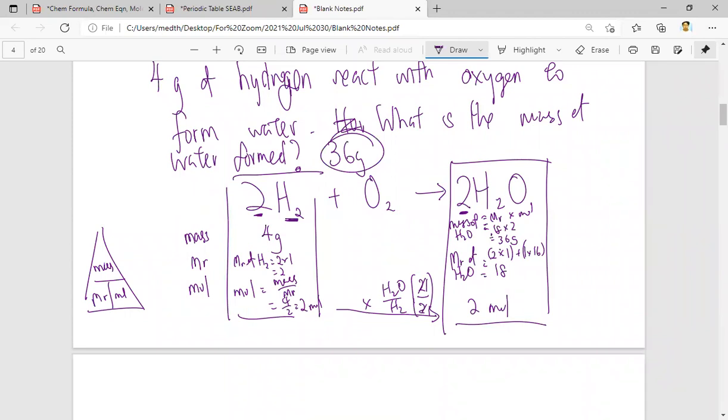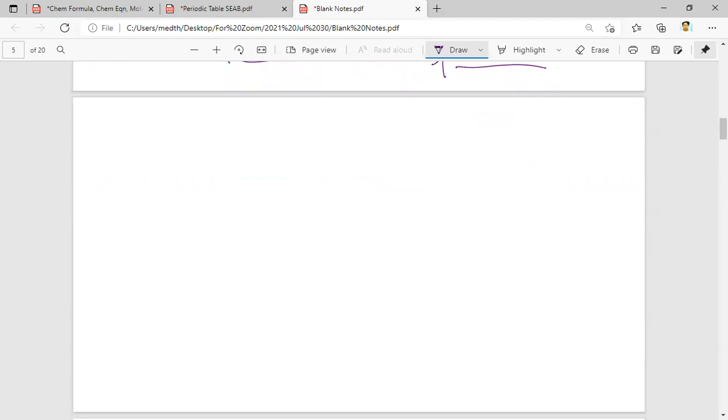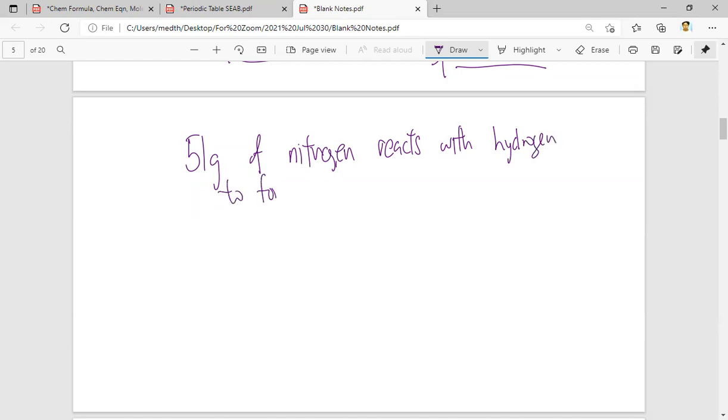So this is how you can go about doing the question using this little table format. Okay, so I'm going to give you another example. I'm just going to go through one more. Let's do this. So I say 51 gram of nitrogen reacts with hydrogen to form ammonia.